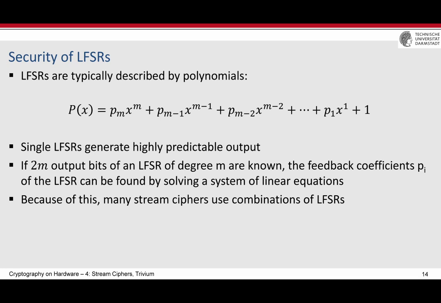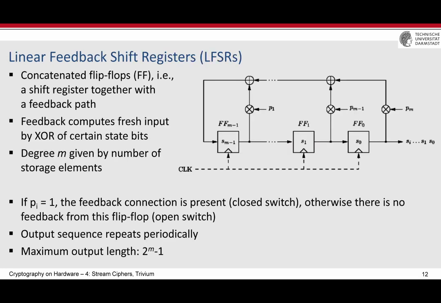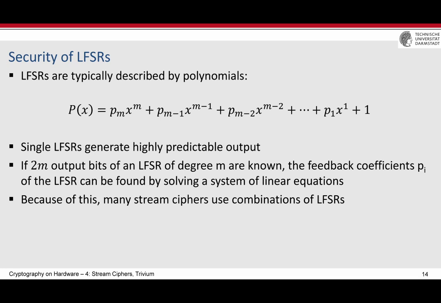And this feedback function is usually realized or shown by one polynomial, which is actually this PM. Each coefficient is either 0 or 1, this AND gate, and then they actually explain whether you have a feedback or not. And this is exactly the coefficients of the terms x to the m minus 1 or x to the m minus 2 till 0.